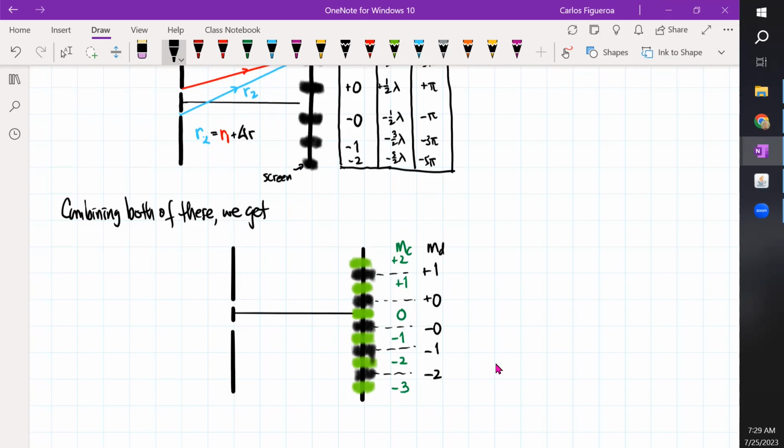If I look at the path difference between these guys, here's what we find. The path difference for this here is going to be 0. This is going to be 2 pi. This is going to be 4 pi. This is going to be -2 pi, -4 pi, -6 pi. And then the blacks here are going to be pi, 3 pi, -pi, -3 pi, -5 pi. So you could see the pattern as it starts to occur.